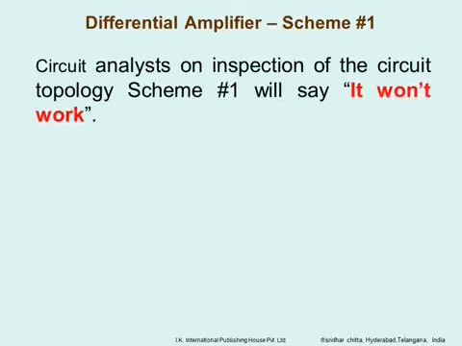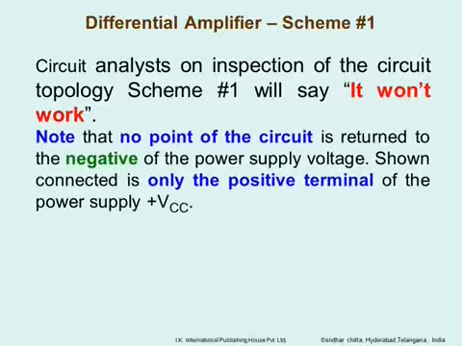Circuit analysts, on inspection of the circuit topology of scheme 1, will say it won't work. Note that no point of the circuit is returned to the negative of the power supply voltage. Shown connected is only the positive terminal of the power supply plus VCC.